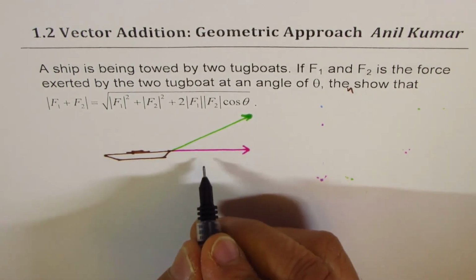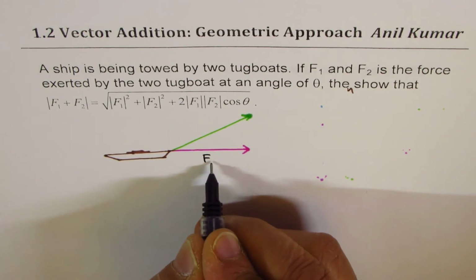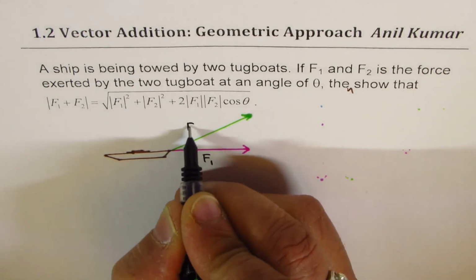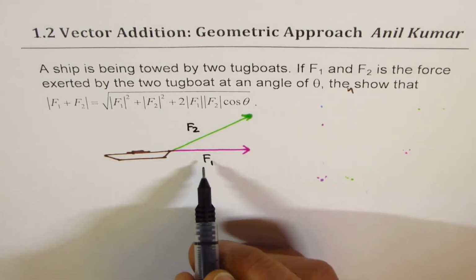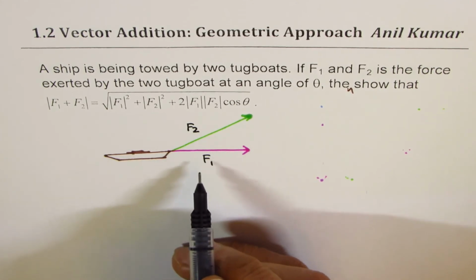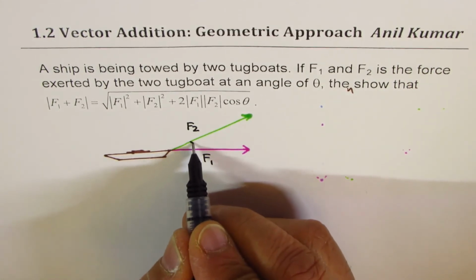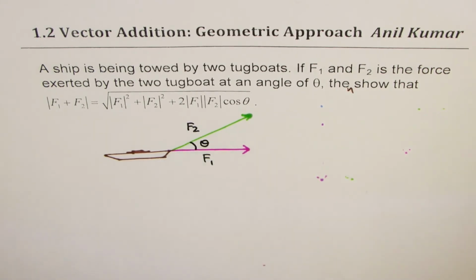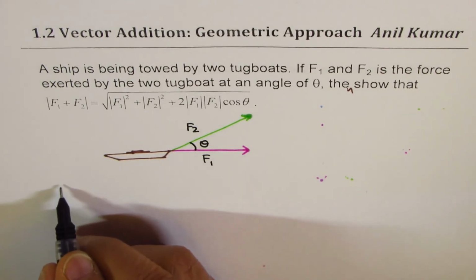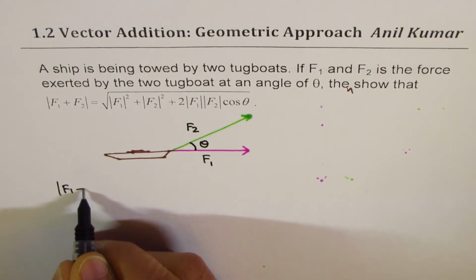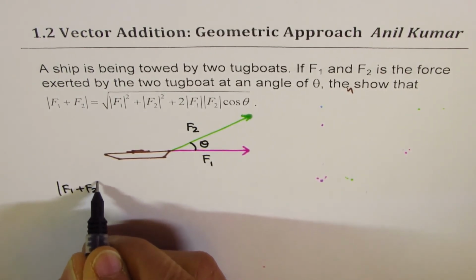Let us say these forces are F1 and F2. So whenever I write capital letters, these are vectors, okay? They have magnitude and direction. We are given that the angle between them is theta. Now we have to find the resultant F1 plus F2.